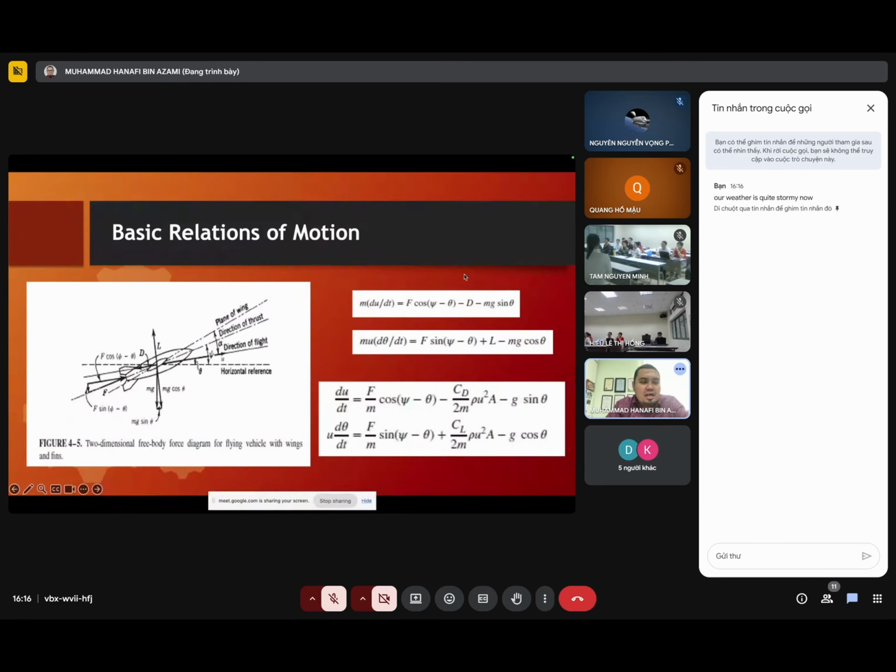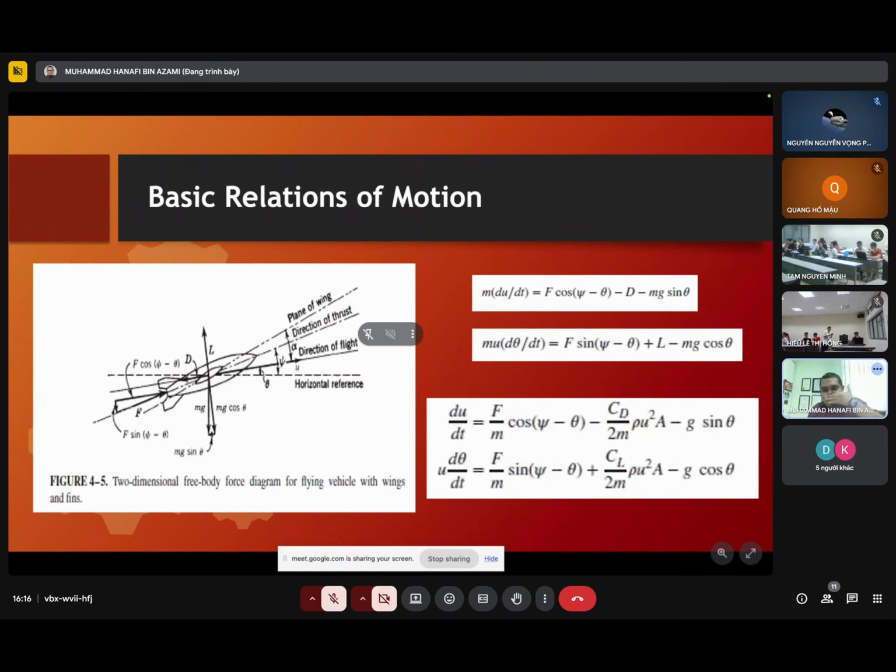The first equation is very direct, and the second one is the directional one. So you have mu d theta over dt equal to F sine, which is all in the L direction, the y direction. That is where you have sine phi minus theta, this direction.